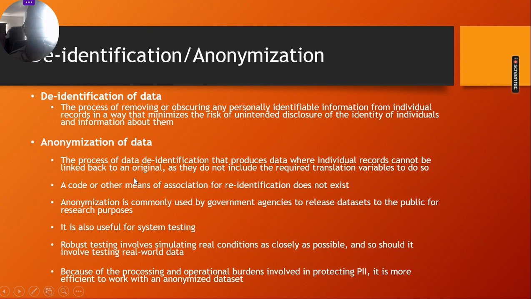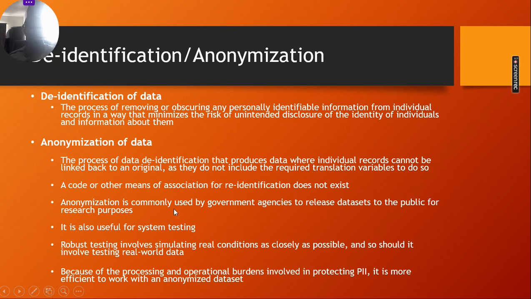You cannot go back and say, oh, is this person, as they do not include the required translation variables to do so. Or it could also be seen as a code or other means of association for re-identification which do not exist. So you cannot locate or re-identify who the person is.